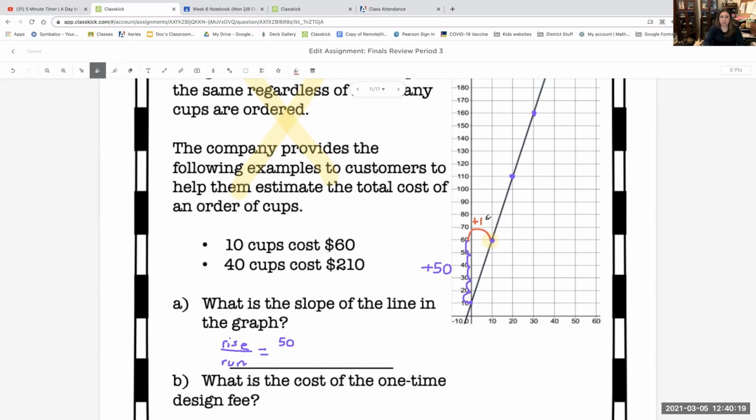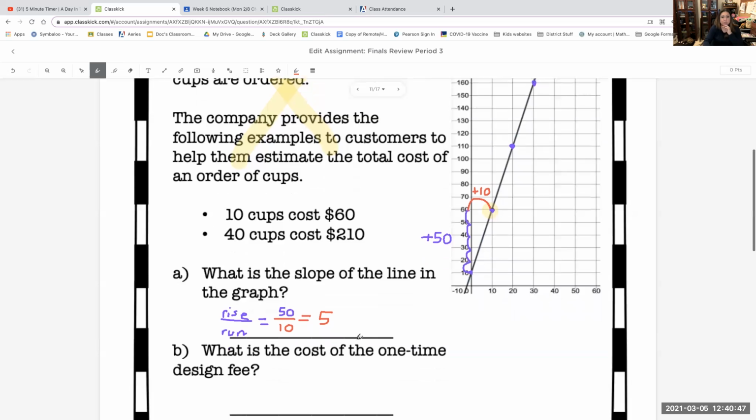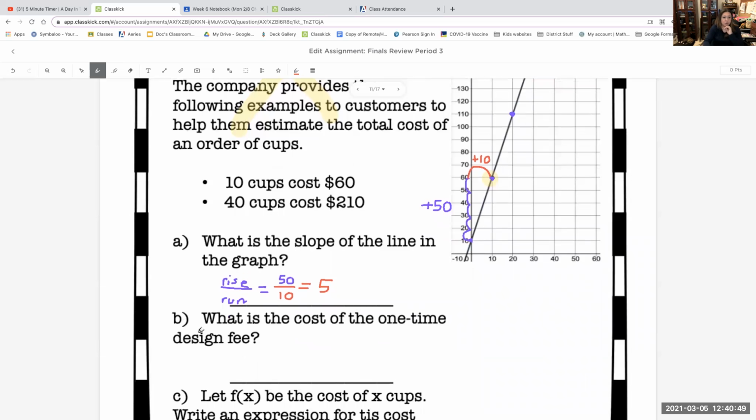And this is to the right, so it's another positive. It's by 10. So over 10. But I can simplify this. How many times does 10 go into 50? 5 times. Okay. So far, thumbs up, we're all good. Anyone confused? Okay, cool.